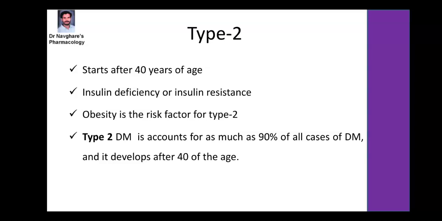Type 2 diabetes mellitus accounts for 90% of all diabetes cases. This means type 2 diabetes is a serious problem worldwide, where 90% of the world diabetic population is affected with type 2 diabetes mellitus.